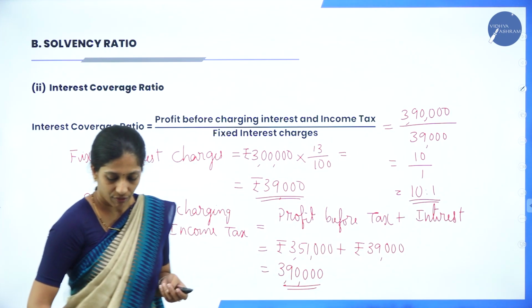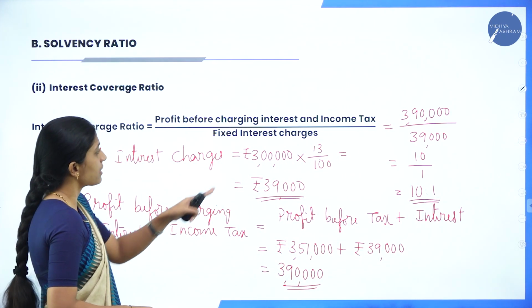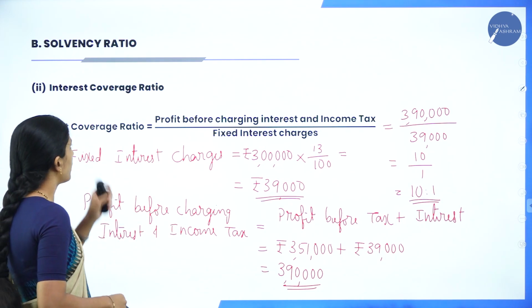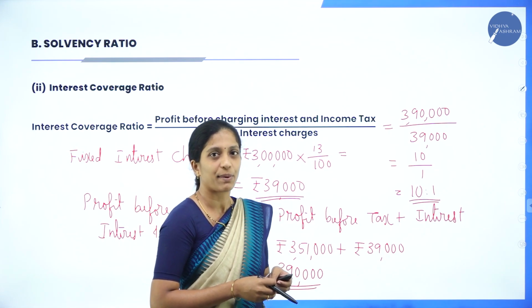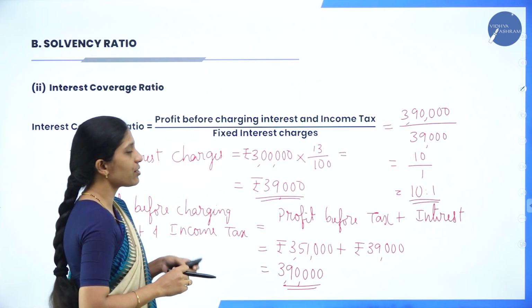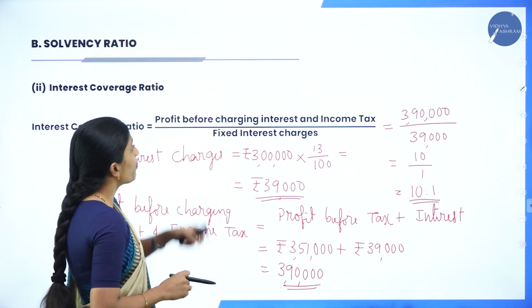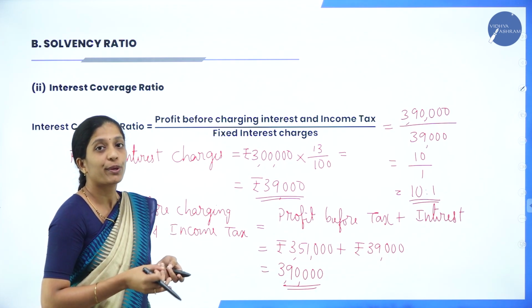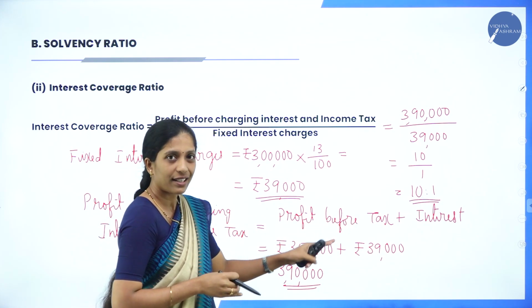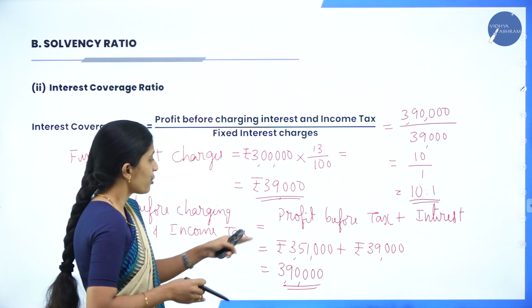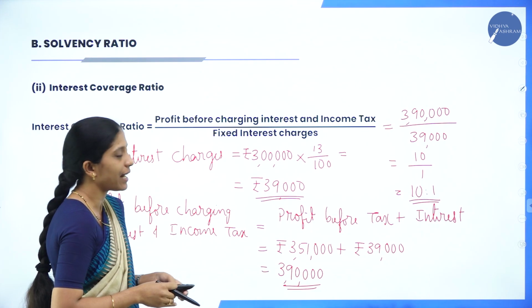So 10:1 will be your answer. So that is interest coverage ratio. So your interest coverage ratio formula is profit before charging interest and income tax divided by fixed interest charges. So we know profit before tax. So we want profit before interest and tax. So how to calculate? Profit before tax plus interest. Then you will get profit before interest and tax.